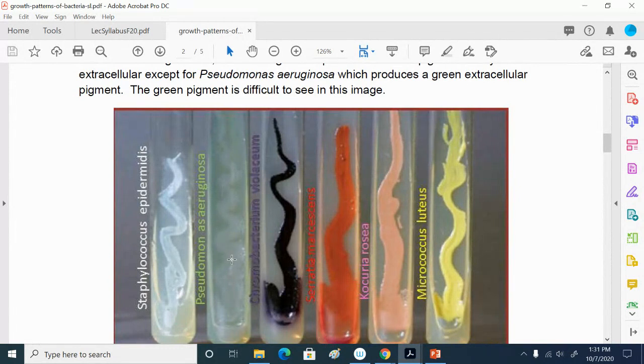But the growth is just grayish looking. So there's no definite pigment in the bacteria, but the pigment is being excreted into the agar, which is giving it that greenish color. So Pseudomonas does produce a green extracellular pigment, but the growth itself is not pigmented.